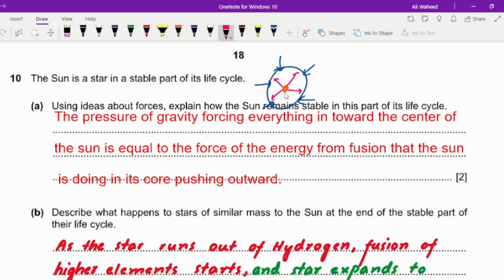These two forces cancel out, and the sun at this stage neither expands nor contracts. It remains just like it is now, so it remains in the stable phase.